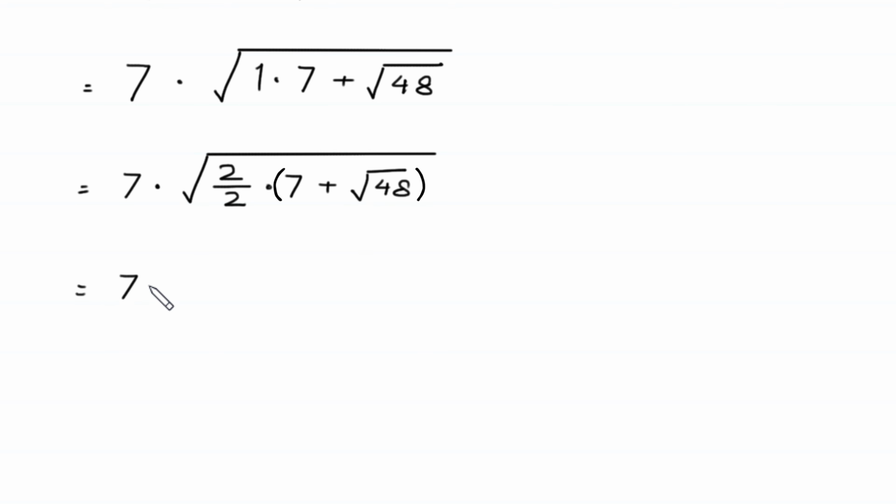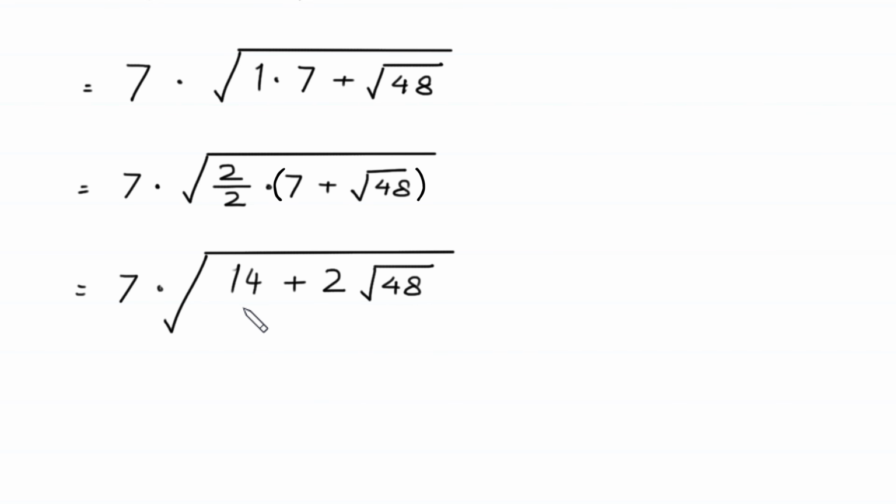Next, 7 times square root of, now we multiply this 2 by this 7 and by this square root of 48. So 2 times 7 becomes 14 plus 2 times square root of 48, divided by this 2.